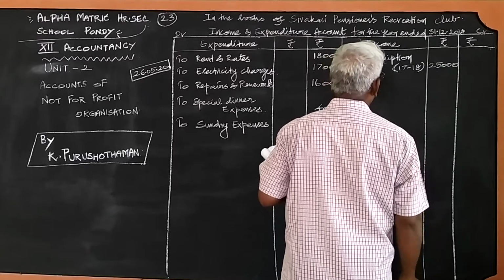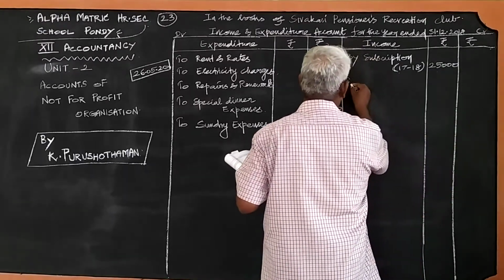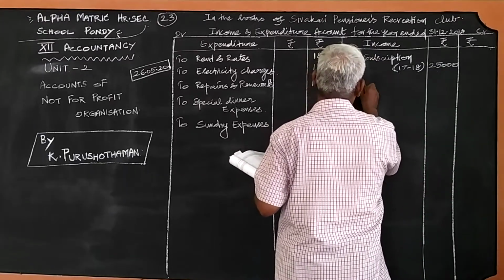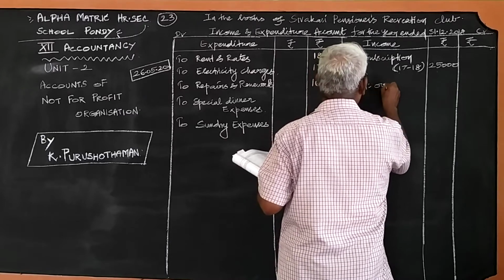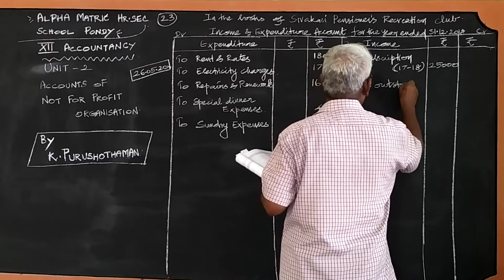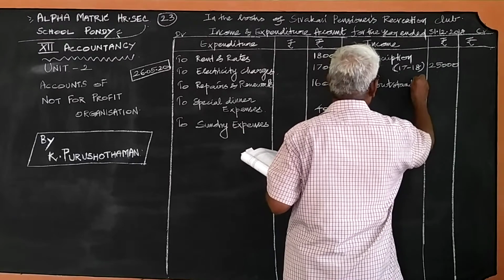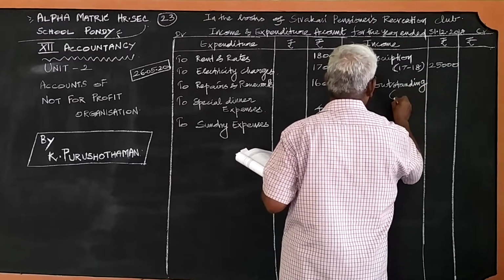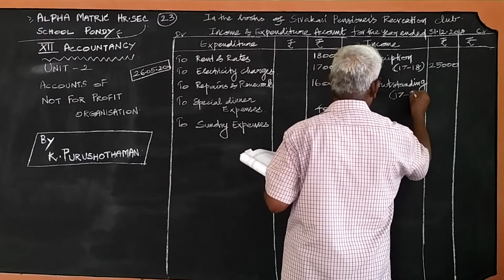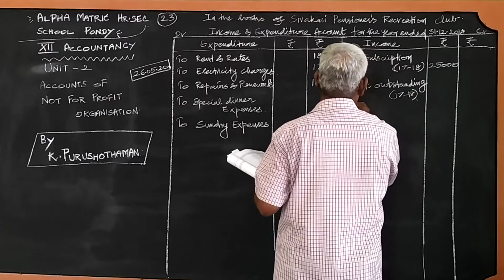Therefore, the balance amount is outstanding for the year 17-18.